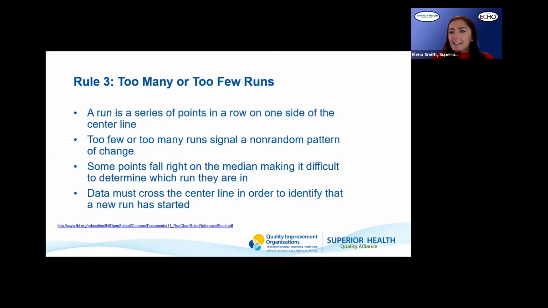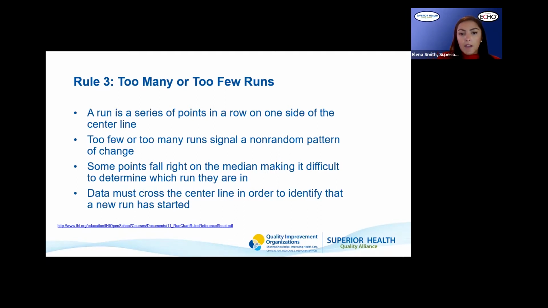The next rule gets a little bit more in depth. So this is rule 3, too many or too few runs. A run is a series of points in a row on one side of the center line. This is really going to be helpful when you don't have very much data to start with. Too few or too many runs signal a non-random pattern of change, so we always want to be watching out for that.